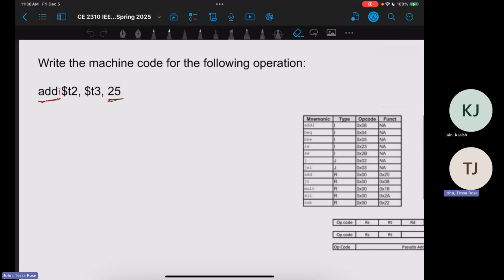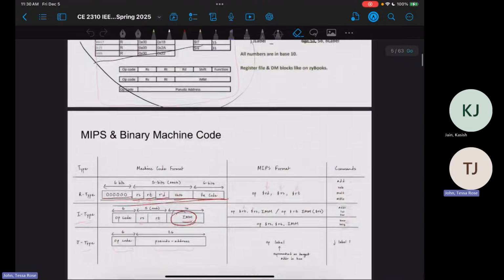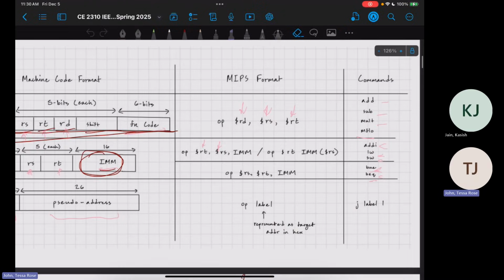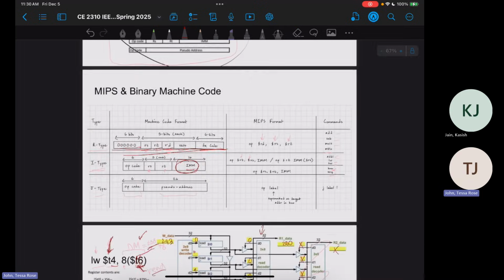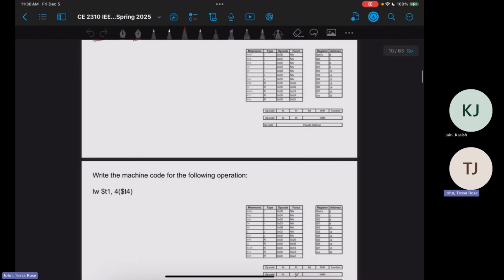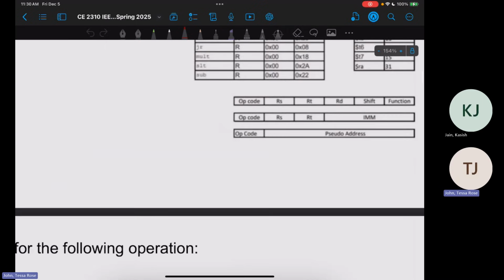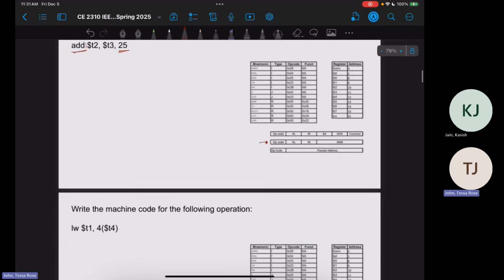So for the machine code, ADDI is, if you look back, an I type, right? So I type is this one. So the opcode would be the opcode of ADDI, which is 8.